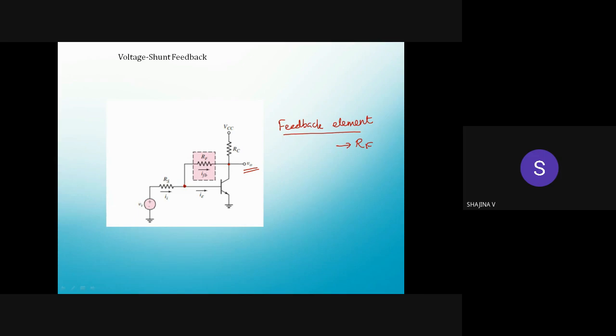Okay, now you have to identify the sampling, that is, what is the output. Okay, here you look, we are taking output from this point, right? From the same point we are taking the feedback, that is, we are taking feedback from the output node, which implies voltage sampling.